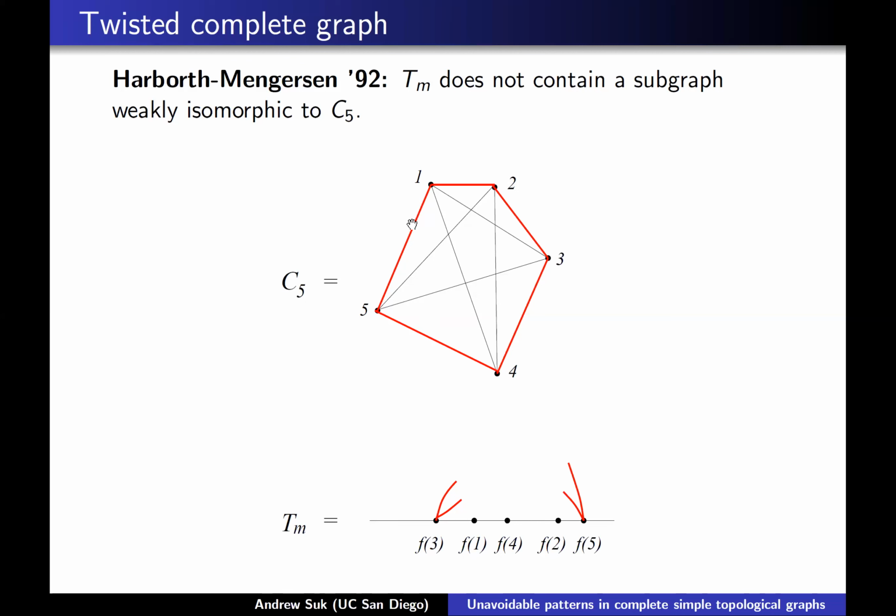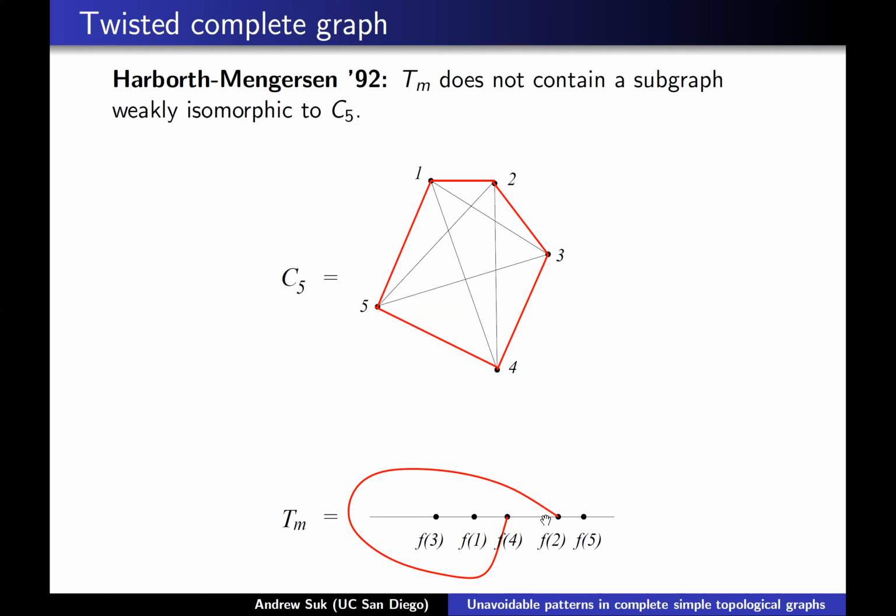Each red edge on this 5-cycle has the property that it doesn't cross any of the other edges. Now if I look at this 5-cycle, that means 4 of the edges, these red edges, will be incident to the first and last vertex. But since there are 5 red edges, one of the red edges must be within these 3 vertices. So let's say it's F4, F2, which we know is drawn in this twisted way.